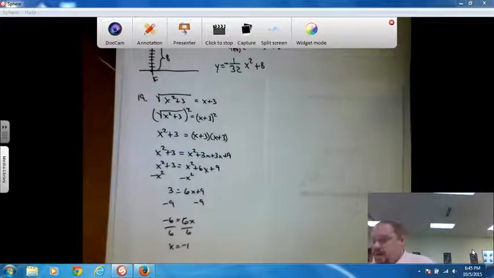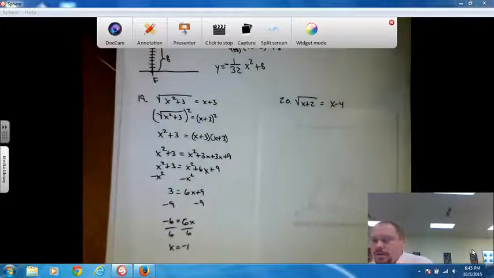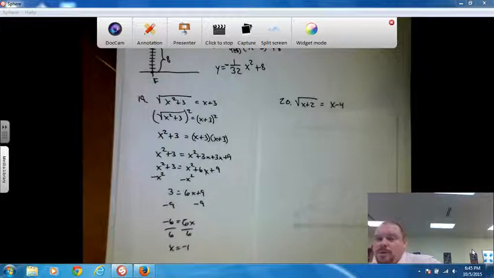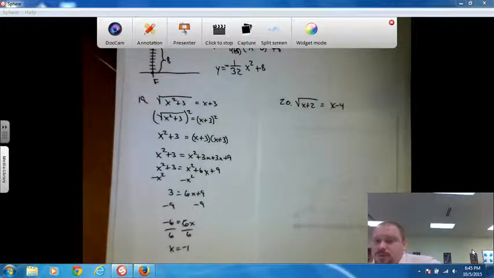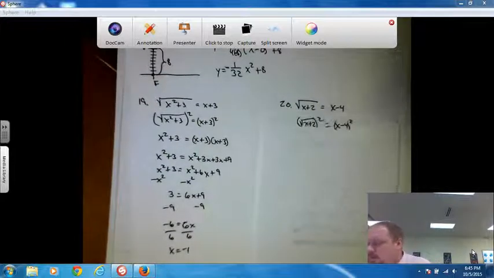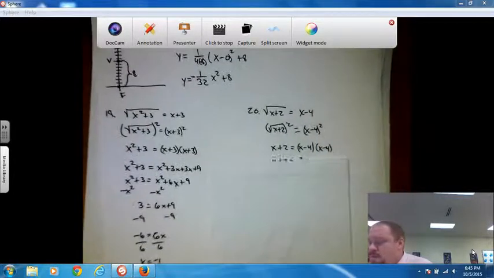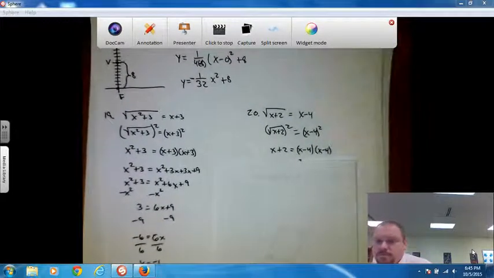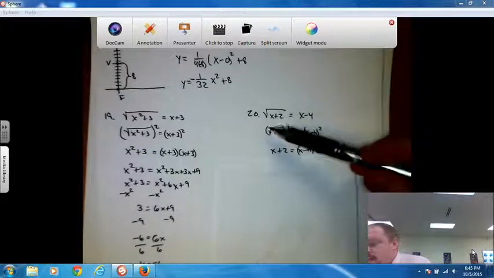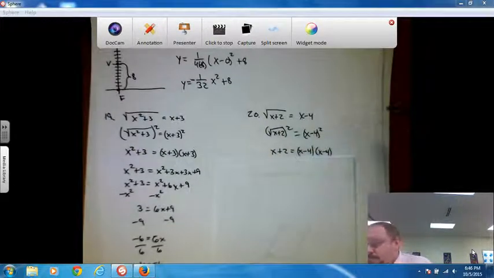Now, number 20. We get the square root of x plus 2 equals x minus 4. So this one starts off very, very similar. Square both sides. Repeat the multiplication. Notice that when I squared the square root, the radical went away.